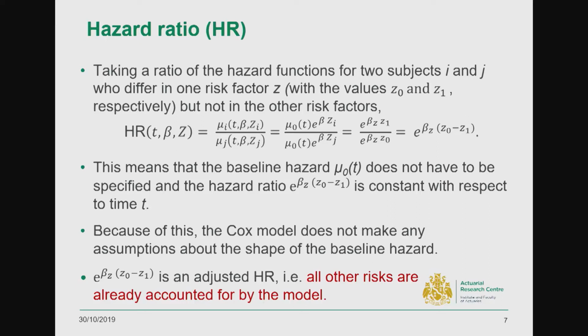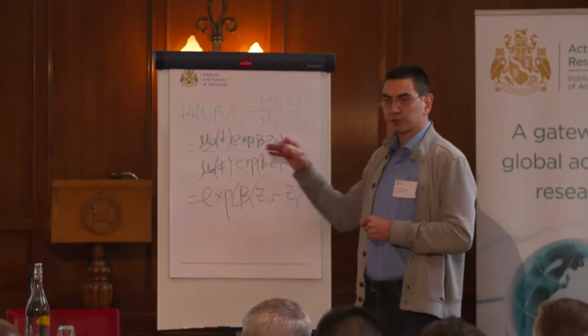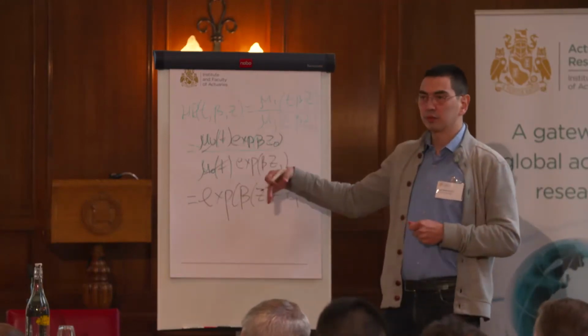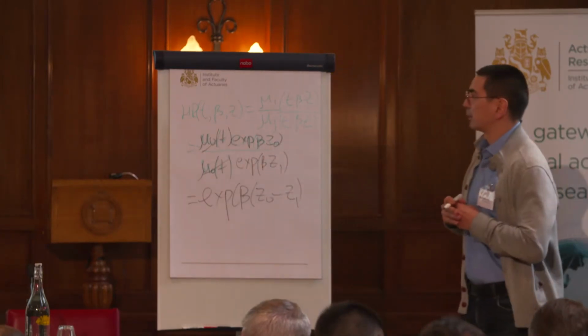In this case, it's two subjects, i and j, who differ in some covariate Z. Z0 and Z1 correspond to the different covariate values, suppose 0 and 1, respectively, but they are the same in all other covariates, so all other risk factors. Whenever you take the ratio of these two hazard functions, the important part is that this hazard ratio is assumed to stay constant during the follow-up with respect to time.